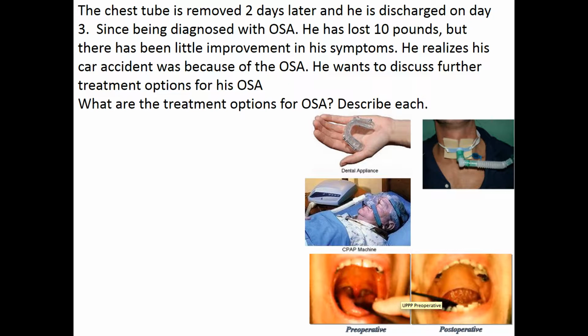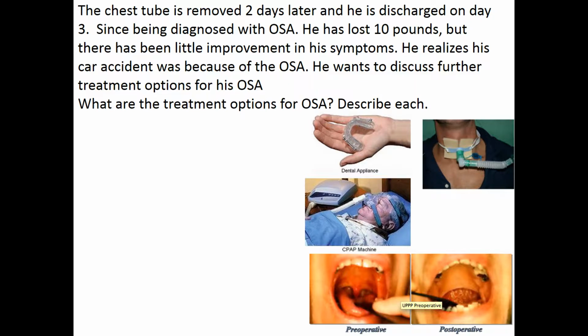We have the CPAP machine. There is a surgical intervention called a uvulopalatopharyngoplasty. I love that word.